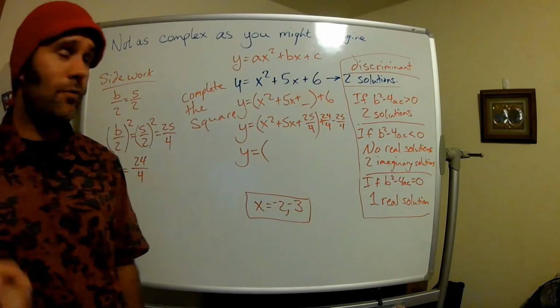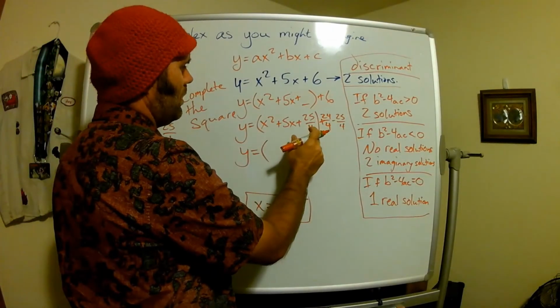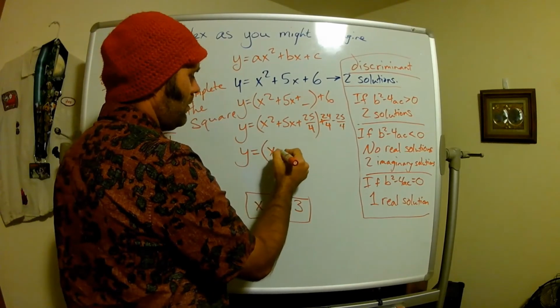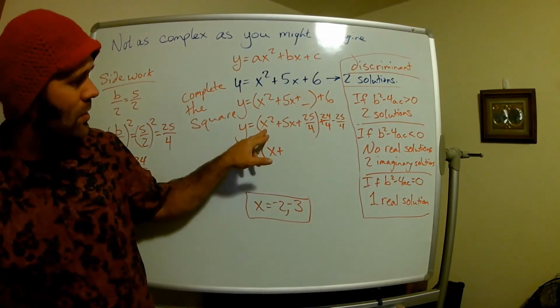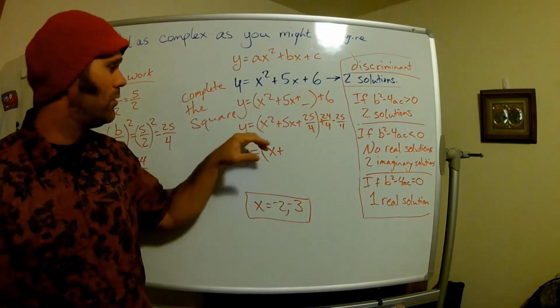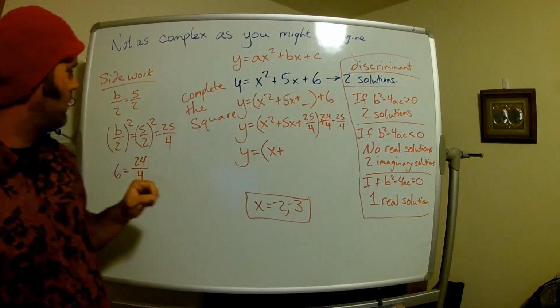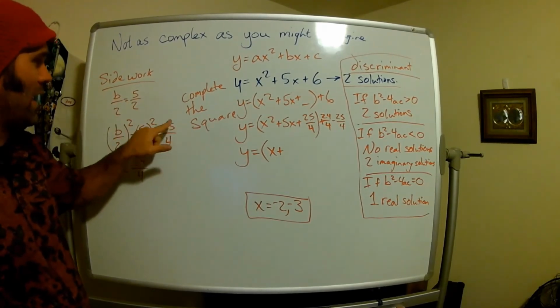So I'm going to do a couple of steps here on completing the square. So a number plus a number, x plus, so I'm actually square rooting x squared, and I get x. The square root of x squared is x, and then the square root of 25/4, well, we already know is 5 halves because we squared 5 halves to get that.